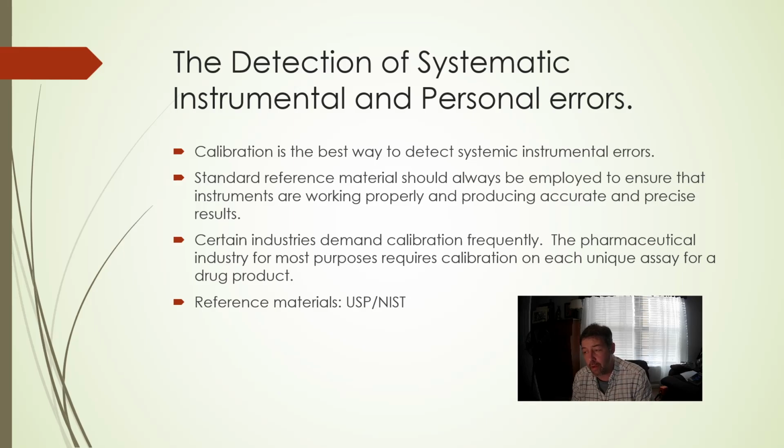You're not allowed to use your analytical method until it is validated. And you have to do that in most cases by purchasing USP reference samples and making sure that your assay, the one that you designed, can measure that particular analyte.